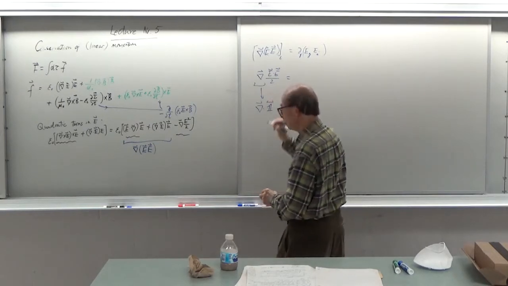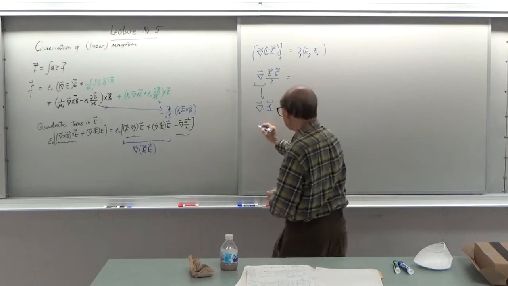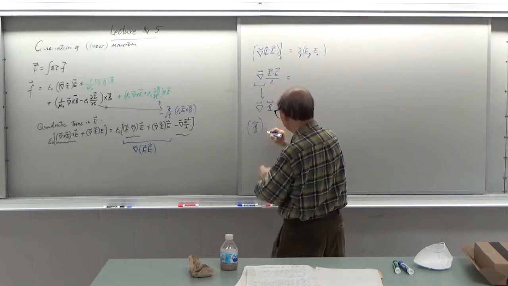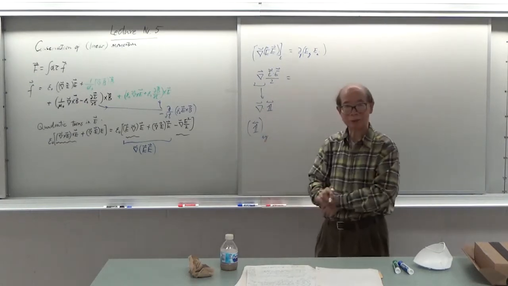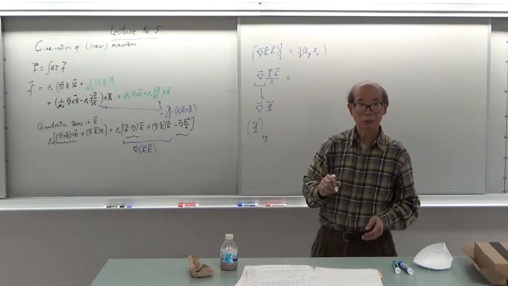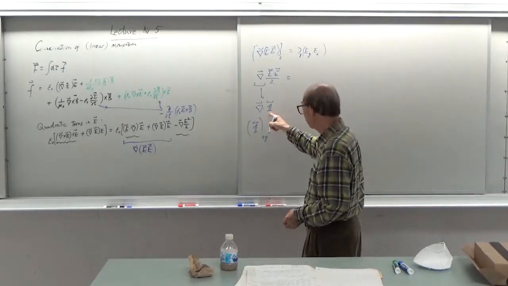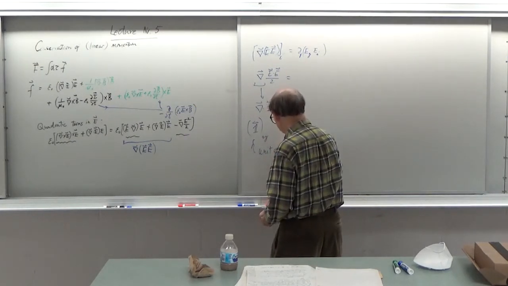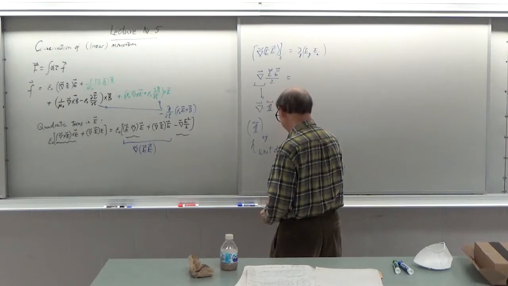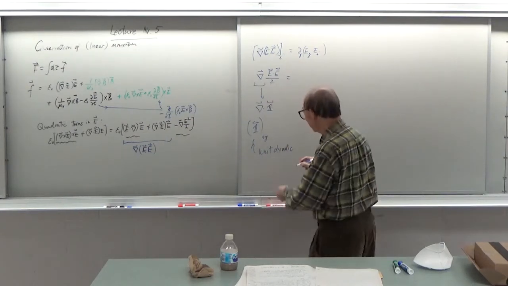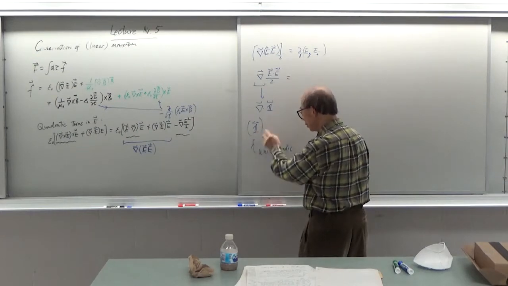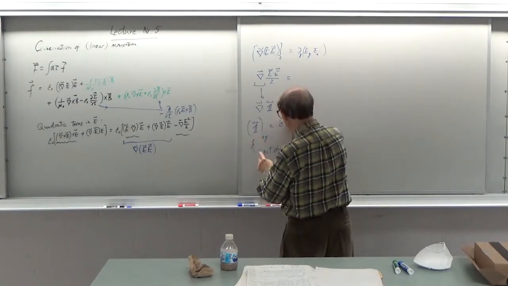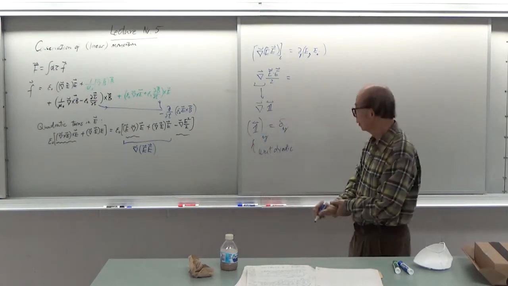So since it carries two indices, I have to ask what is, for example, the ith component of this object, which is called the unit tensor. The ith component of this unit tensor is nothing but the Kronecker delta function.